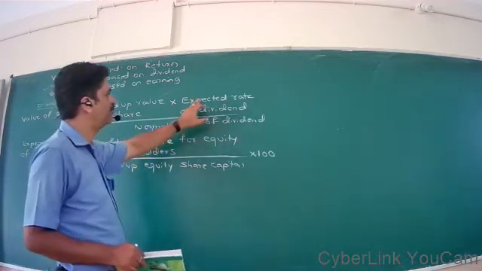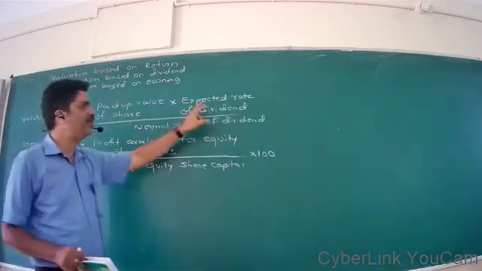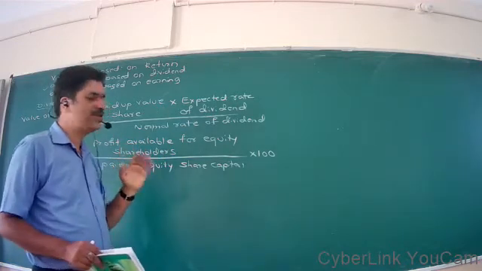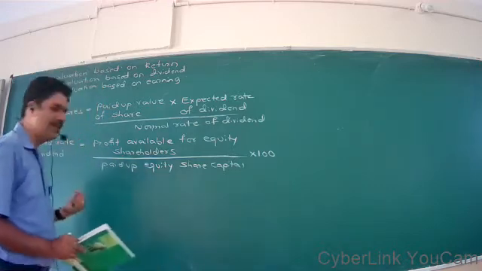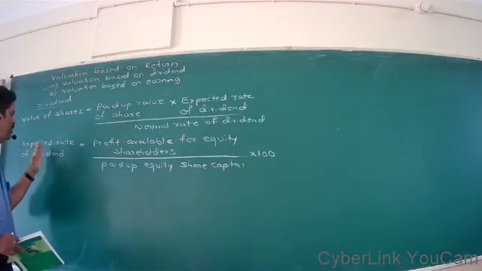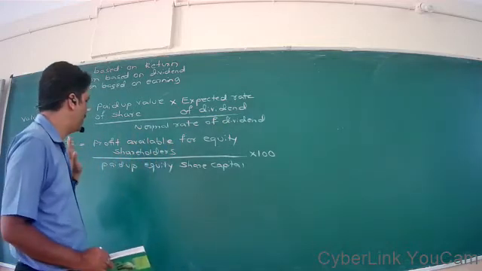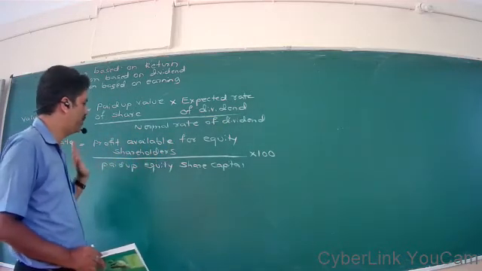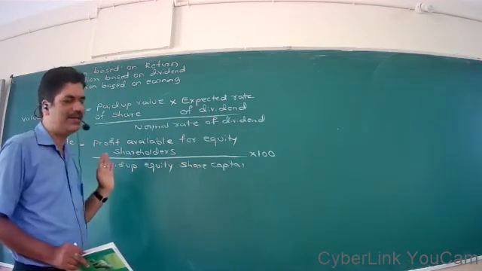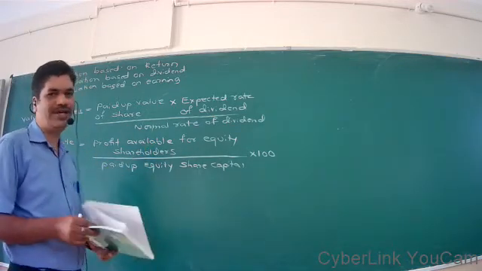But you have no information about the expected rate of dividend, which means we have to arrive at it from the given information. The expected rate of dividend is equal to profit available for equity shareholders divided by paid up equity share capital into 100. So now we need the profit available for equity shareholders.